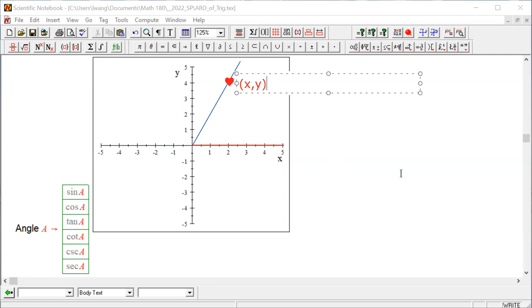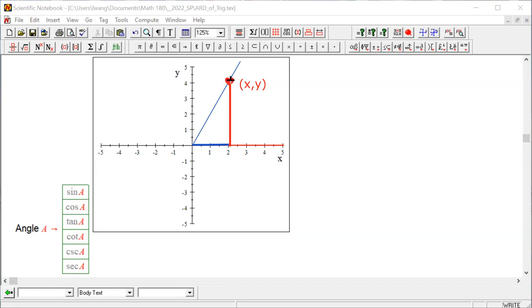X is the horizontal measure. This is x. And what is y? Y is the vertical measure.